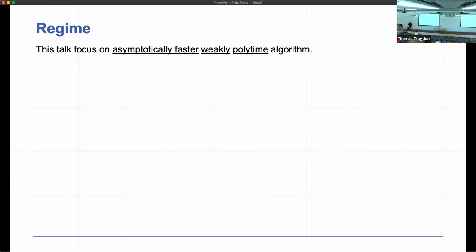And just for background, what type of runtime do we care about? We want the algorithm to be asymptotically fast, namely it works for very large n. We want the running time to be weakly polynomial.